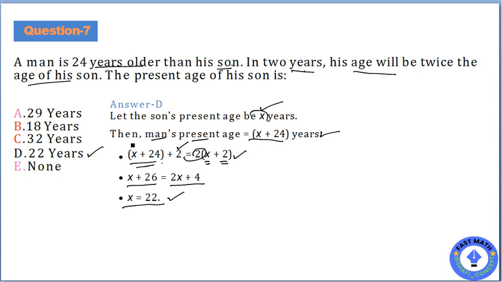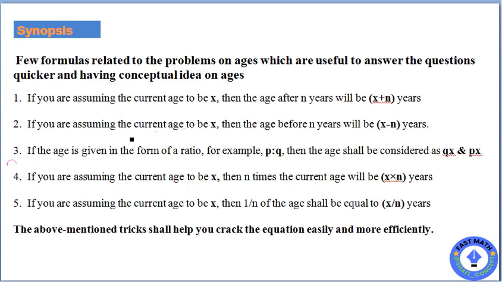We have come to the end of this session 1. Finally, we are closing with a synopsis of some basic concepts which are useful and you can memorize to get the best quicker method in solving such types of age problems. The synopsis covers some formulas related to these problems.